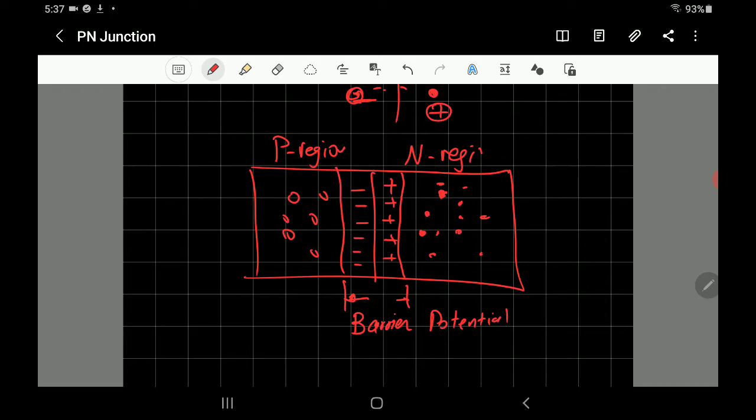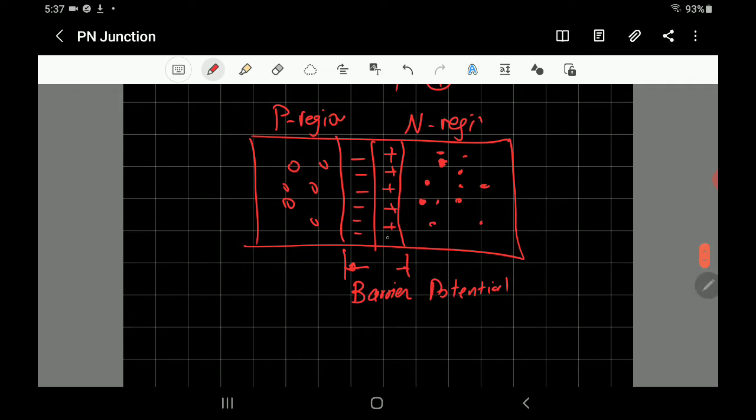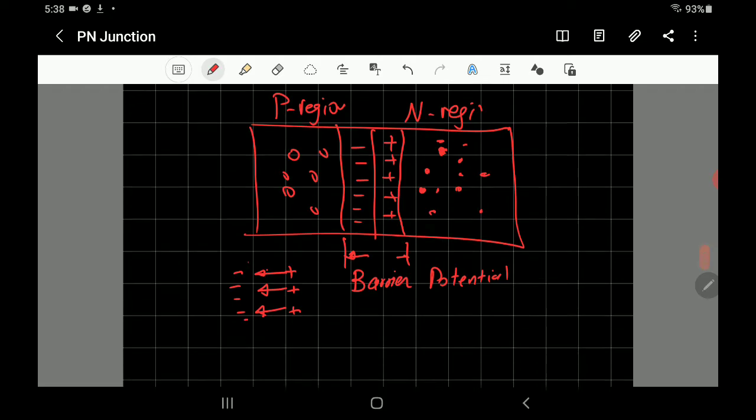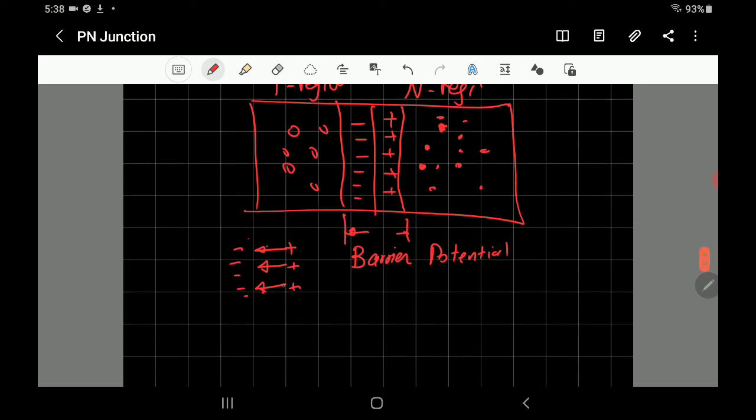This barrier potential is like an electric field between the positive and the negative charge. This electric field prevents electrons from going to the negative side because of the repulsion force. To overcome this electric field, you have to give the semiconductor a voltage greater than the barrier voltage.